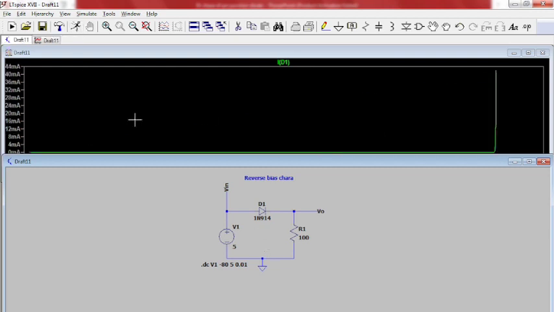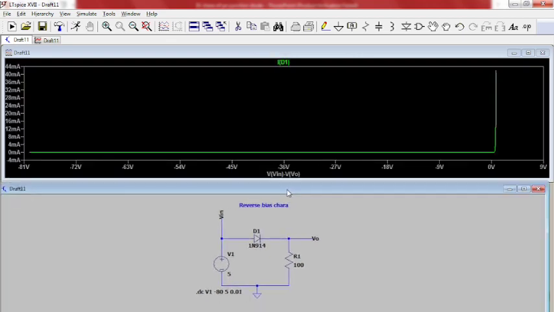Click on run. It is the characteristics of IN914. The reverse breakdown voltage is higher in the case of IN914. It is greater than 80 volt. That's why it is not shown here.